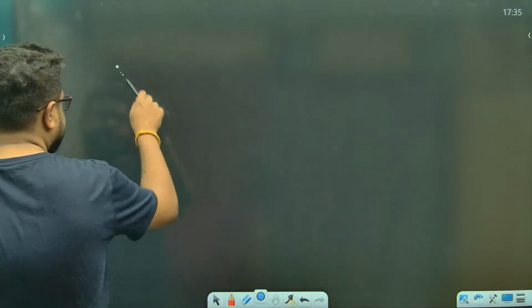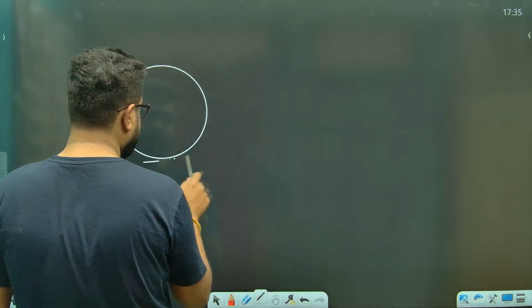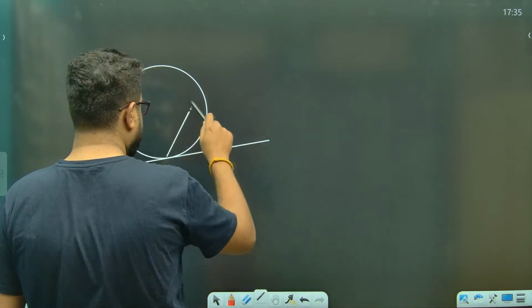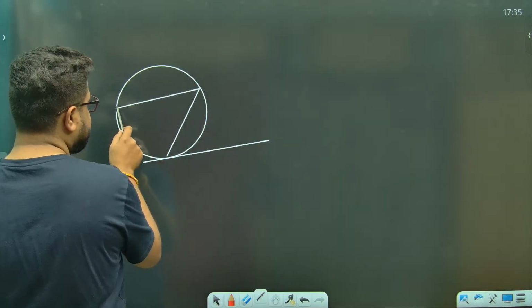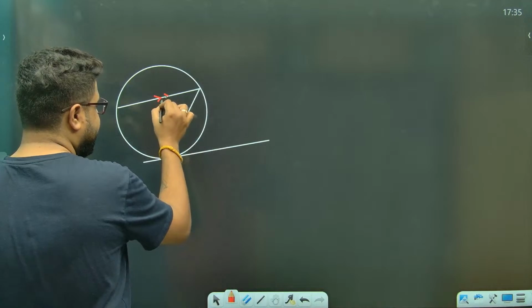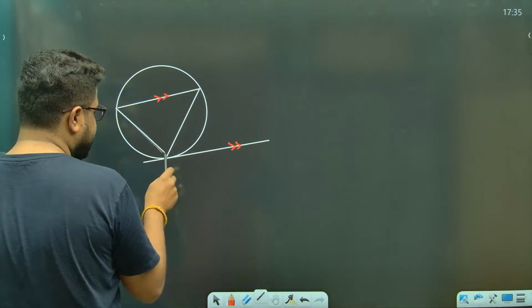You may get this. They will say, look, there is this tangent and there is this chord. And there is this line, it is parallel to the tangent. Meaning this line is parallel to this tangent. And then they will ask you something.